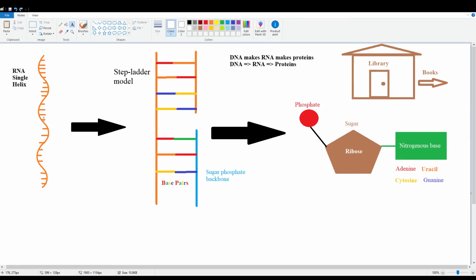Untwisting the helix and looking at it on a ladder model, you're going to see that RNA can bind to both RNA and DNA, which of course DNA can as well, but usually DNA is only bound to DNA, and then temporarily it binds to RNA. RNA is a bit more all over the place. Sometimes it binds to RNA, then it binds to DNA.